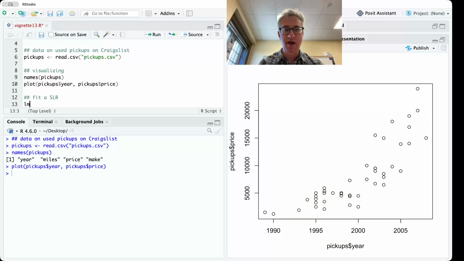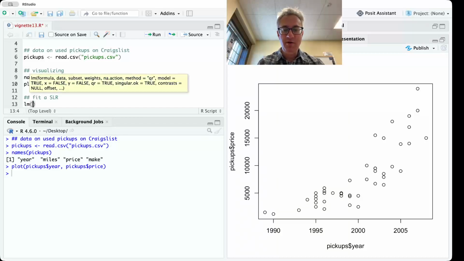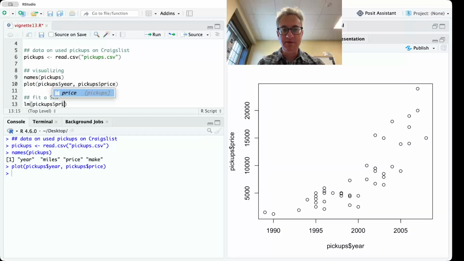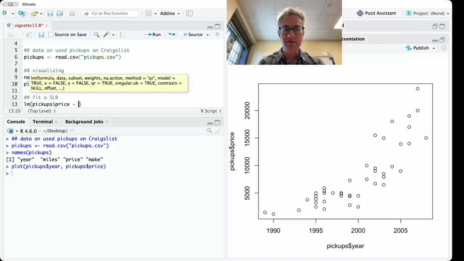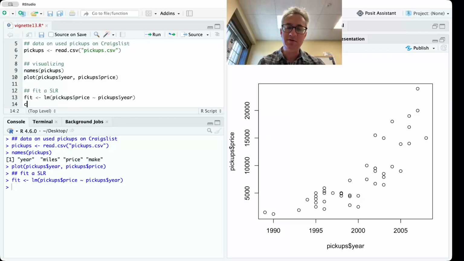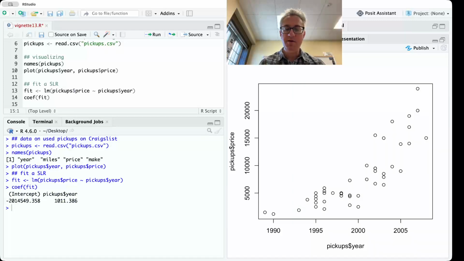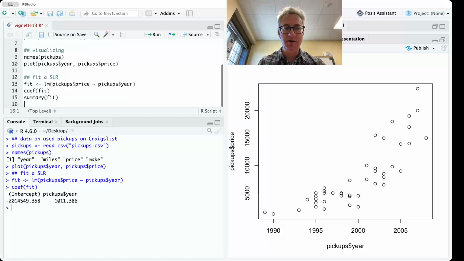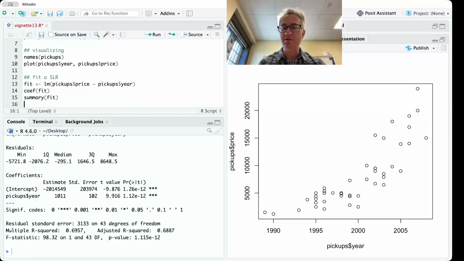So you've got to go take a look at that, where you can put the Y value, so that's pickups price, on the left of this tilde, and then you can fit a linear regression model like that, and it'll tell you what the estimates of the slope and intercept are. And you can also get some more information from the summary command that includes t-statistics and so on. And I'm going to talk more about that a little bit later.